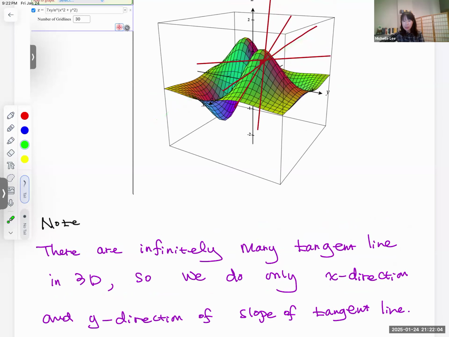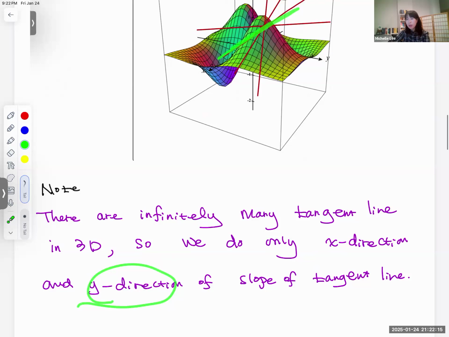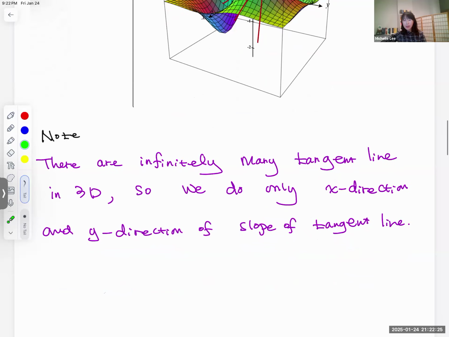And then the y direction means we have the y-axis here, right? So once again, there are infinitely many tangent lines in 3-dimensional space, so we do only the x direction and y direction of the slope of a tangent line. That will be partial derivatives. Make sense?